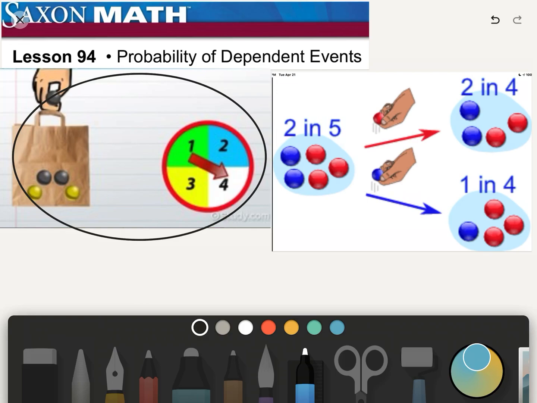So before we've said, like, what are the chances of drawing a yellow marble and spinning a 4? These things do not affect each other.